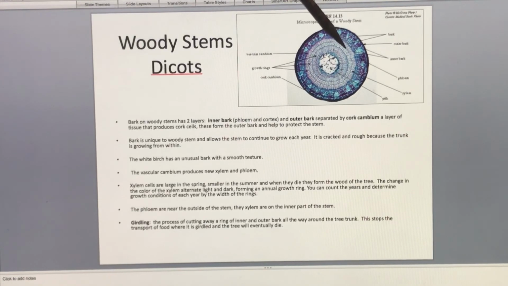It has the xylem and the phloem cells, and the outer bark is on the very outside, and they're separated by this layer called a cork cambium that produces cork cells. They form the outer bark and they help protect the stem.